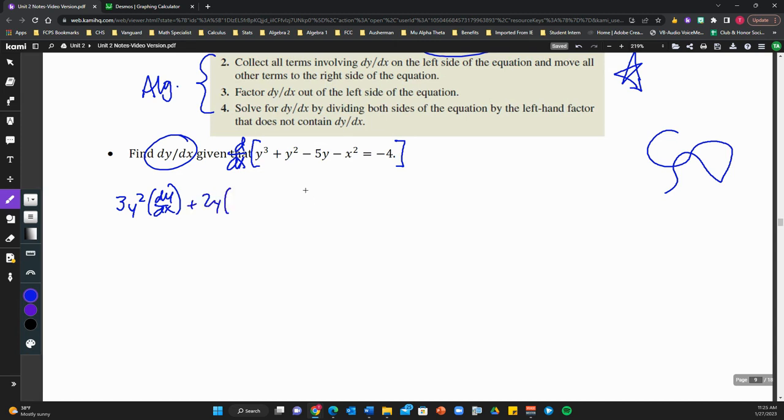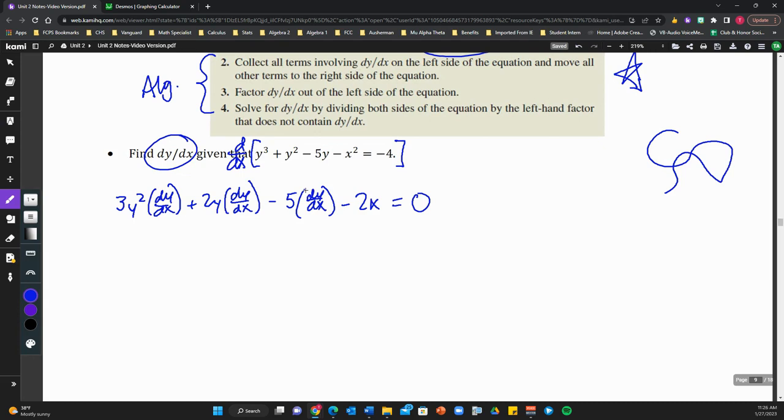This is the derivative of y squared, but again, it's a y term, so multiply by dy/dx. Minus 5 is the derivative of y, but again, we have to account for the change in y. Then x matches up, so just a normal derivative. This would just be minus 2x. And then remember, any constants automatically turn into 0. So that's all of the calculus.